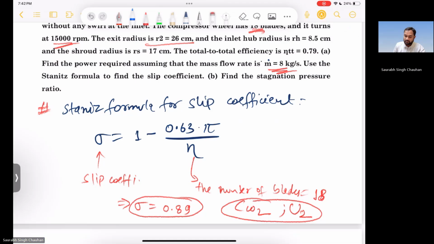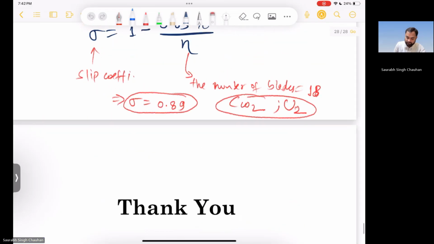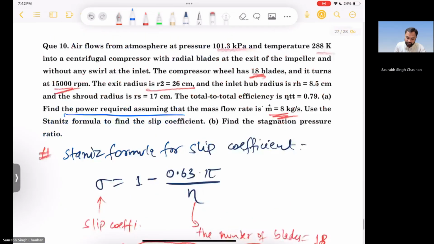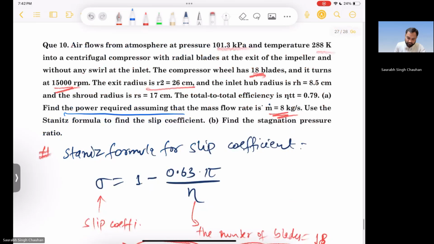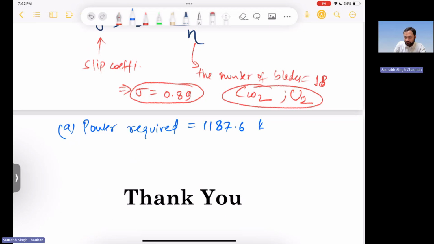What we have to calculate is the power required. Option A, the power required, will be 1187.6 kilowatt.